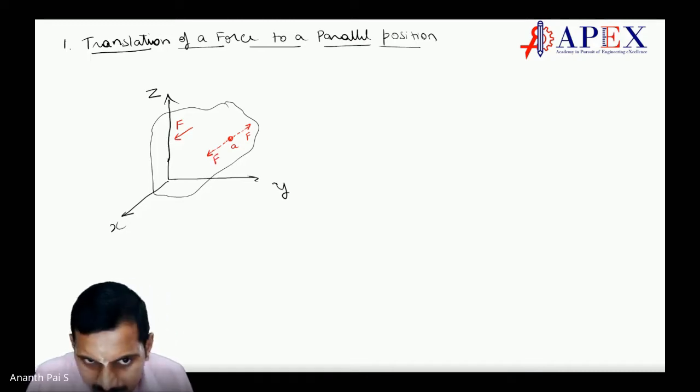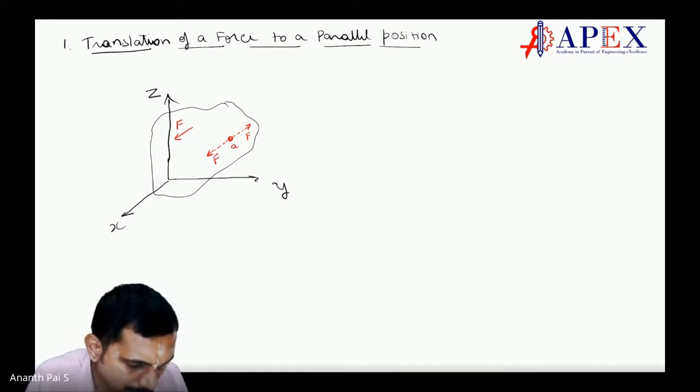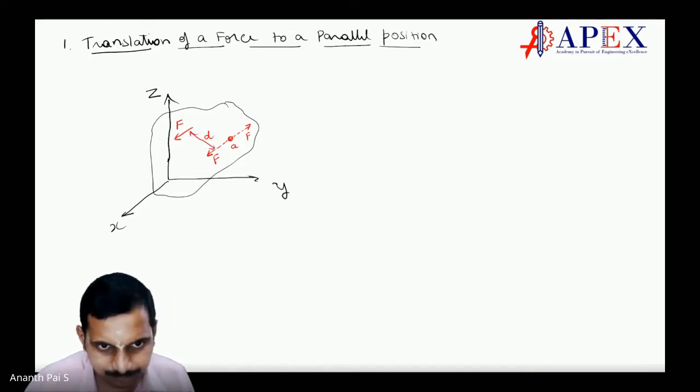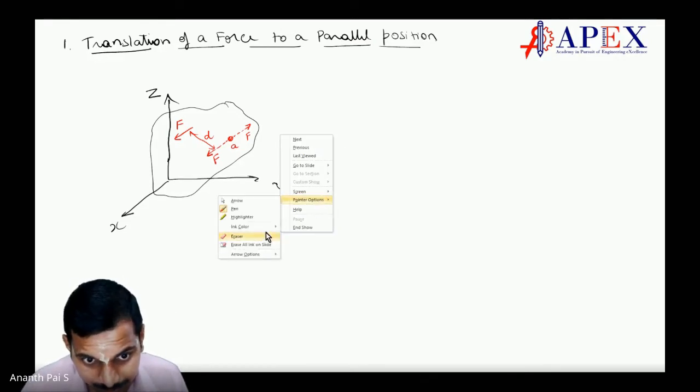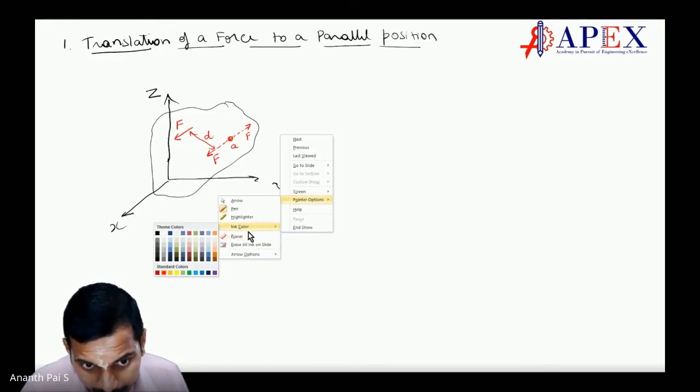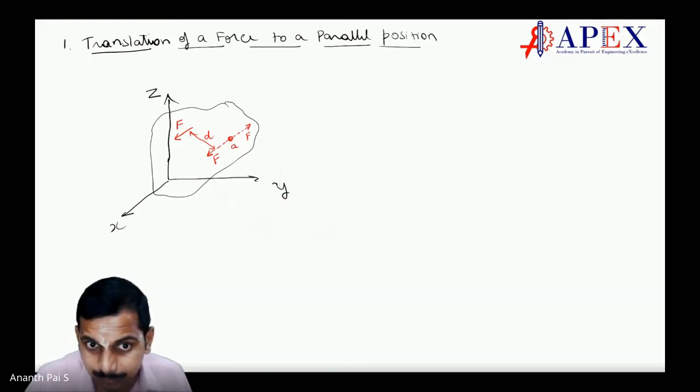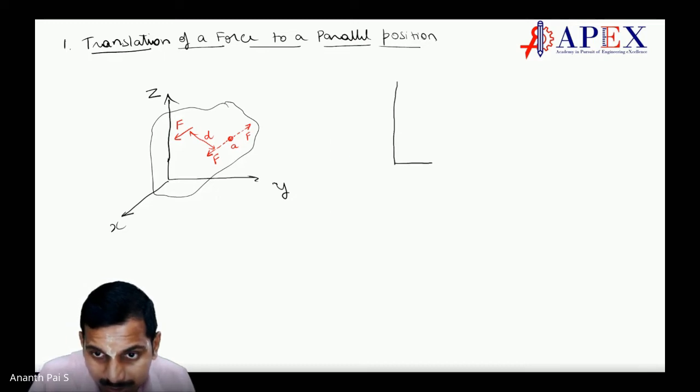Now this has a perpendicular distance of D. Now what happens? Let us see. In this fashion, this will produce the equivalent force like this.